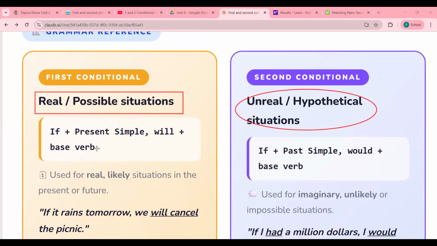In the first, if plus present simple or simple present. And the second, if plus past simple.